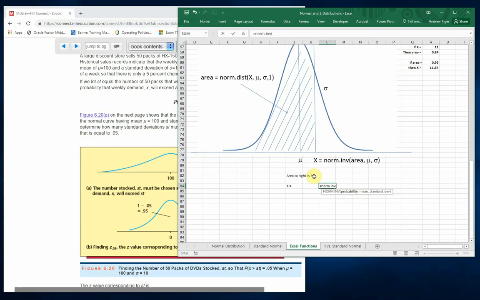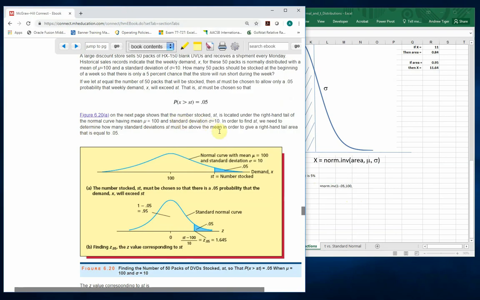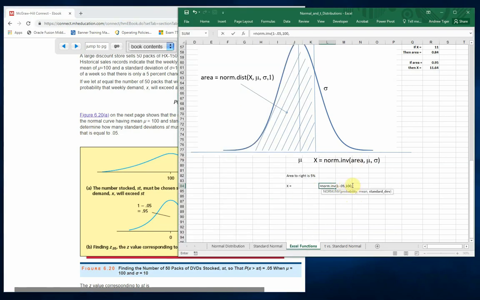So if we know the area to the right is 5%, then the area to the left is 95%, or 1 minus 0.05. You can say 0.95 if you wanted. Put in the mean, 100. The standard deviation was, I already forgot, 10. So that you should stock that many products.